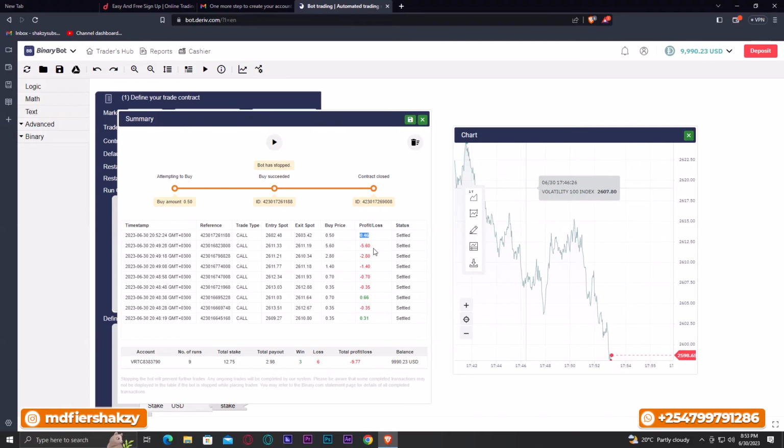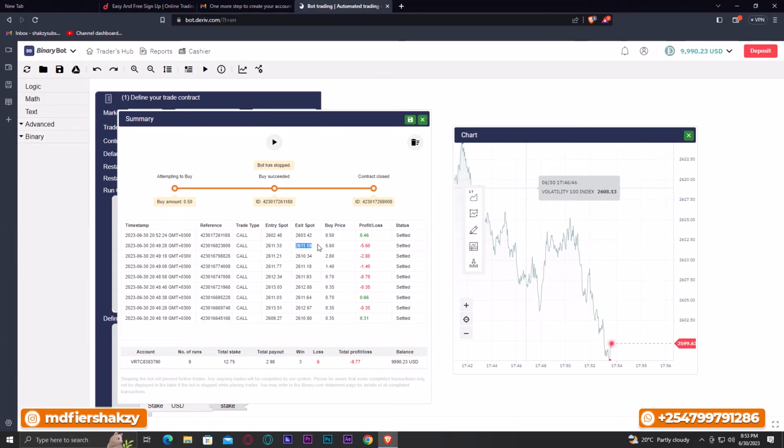Come down here to this loss, 2611.33, 2611.19. This exit spot is lower than this entry spot. That's why we lost. We had predicted that the exit spot will be higher than the entry spot, but the exit spot went lower than the entry spot. That's why we lost.